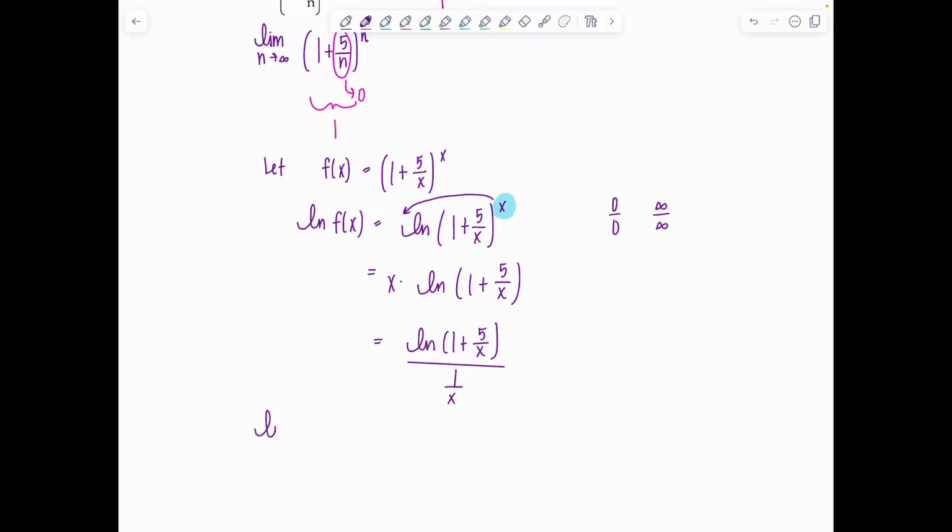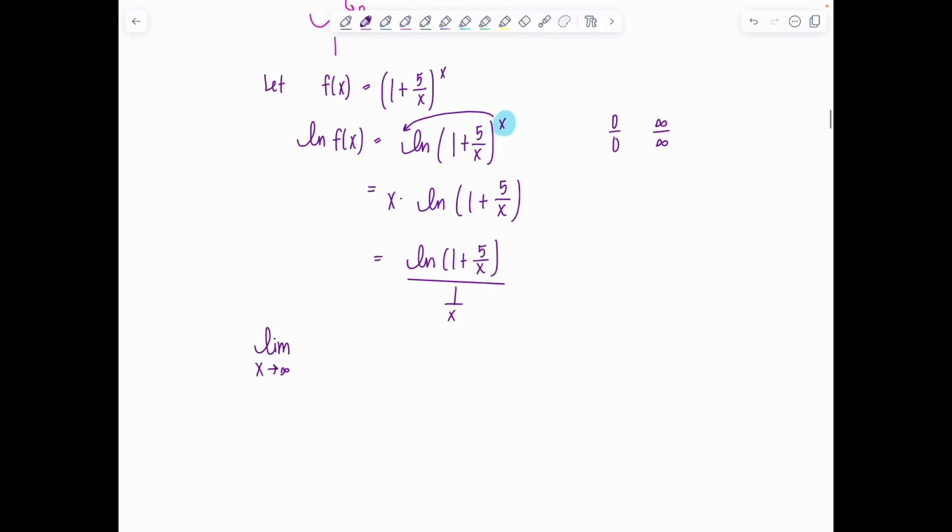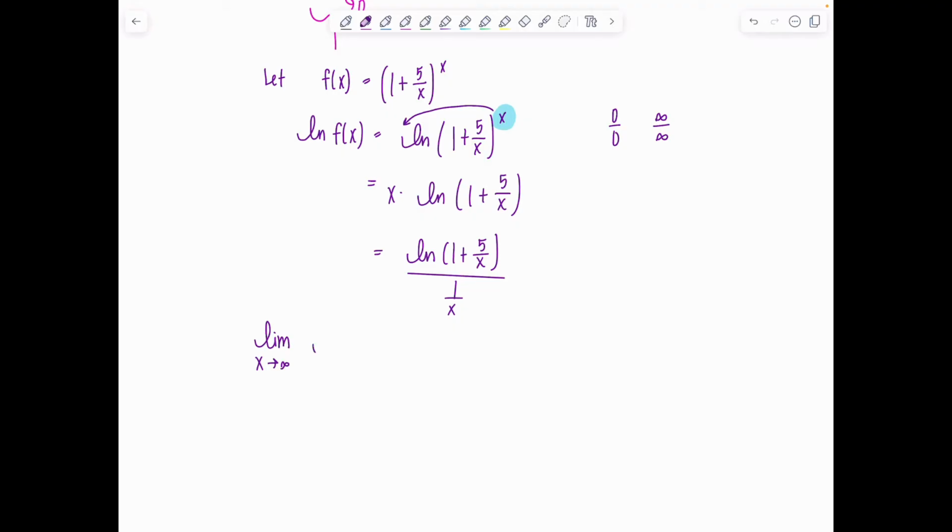Great. So now I'm going to take the limit as x goes to infinity of natural log of f of x. So natural log of 1 plus 5 over x, over 1 over x. Now I need to verify that I have the correct indeterminate form type before I go ahead and do L'Hopital's rule. So you have to check that you have either this case or this case, all right?